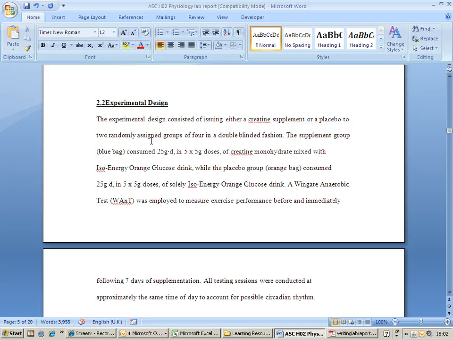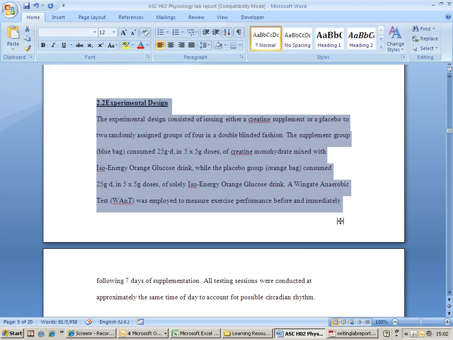For the experimental design, this heading, which is highlighted just here, is normally included only if you have an experimental design that is complex. So if you've used a mixed design with several independent or dependent variables. Otherwise, this information would be part of your procedure. It should explain to the reader clearly what the different conditions are and how they were manipulated.